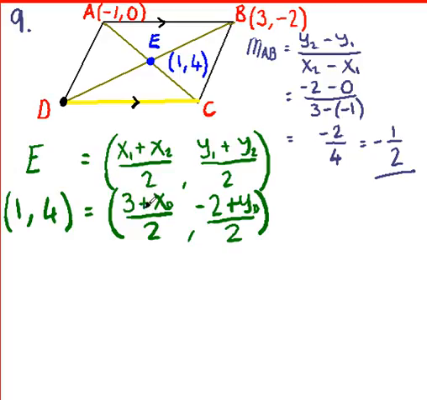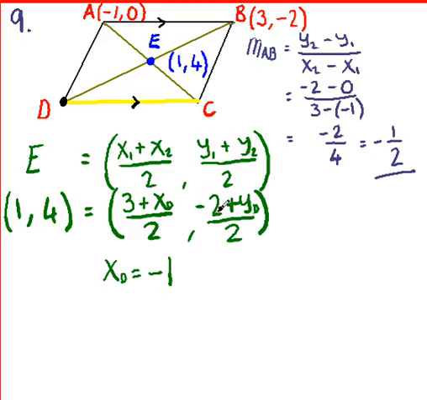Well, we have to have 3 plus something to give us 2 on the top. So that means 3 plus minus 1. 3 plus minus 1 is 2, and 2 divided by 2 is 1. So that means that the coordinate xd, I should say, is minus 1.